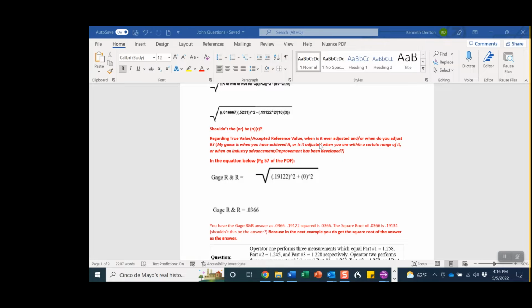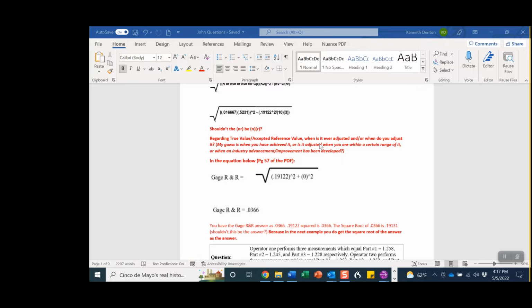Yeah, the definition was that the accepted reference value is what you get from the most technologically advanced, the number one appraiser operator, or the best equipment, the best machine you have to do something. That's your reference value. But then you have your normal everyday values that are going to come about, so you're shooting for that reference value.